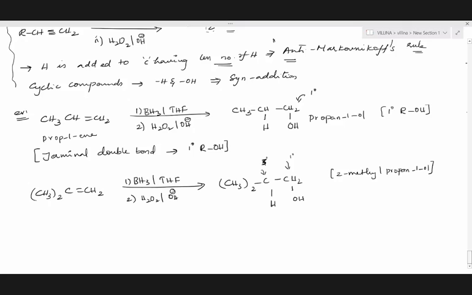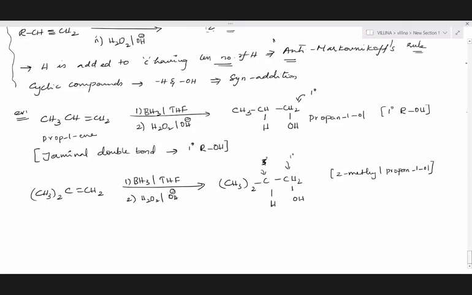So what is the net reaction? We have BH3 in presence of THF, and the second part of the reaction will be oxidation, H2O2 in presence of a base. So our product will follow the anti-Markovnikov rule, where hydrogen will be added to the carbon containing fewer hydrogens, which means the second position.